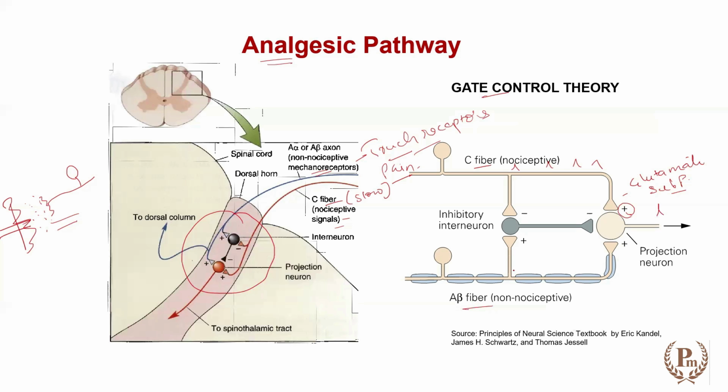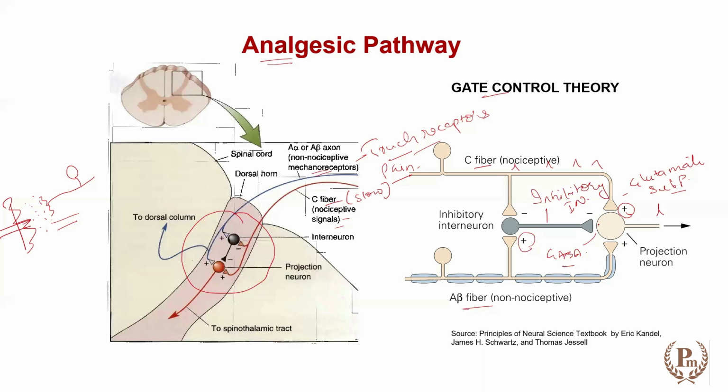What do these fibers do? They in turn stimulate an inhibitory interneuron. Once they stimulate this inhibitory interneuron, it in turn hyperpolarizes the projection neuron. The chemical released here is an inhibitory neurotransmitter, maybe GABA.